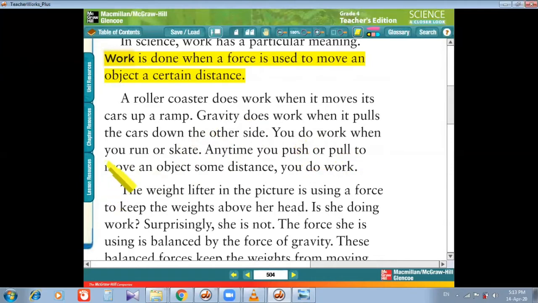You do work when you run or skate. When we run or skate, we are covering some distance, and so that is work. Anytime you push or pull to move an object some distance, you do work. Whenever we push something or pull something so that an object can move some distance, that is the work.